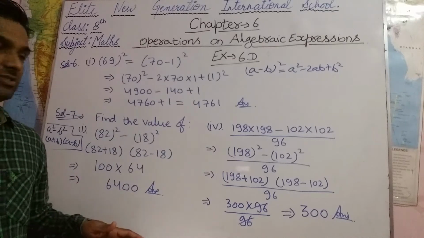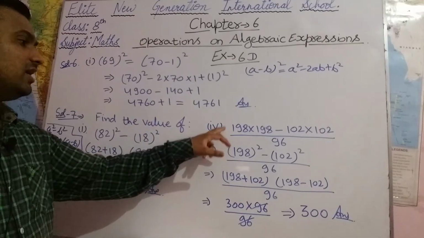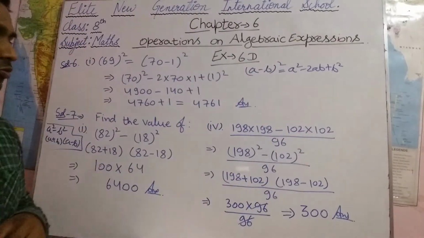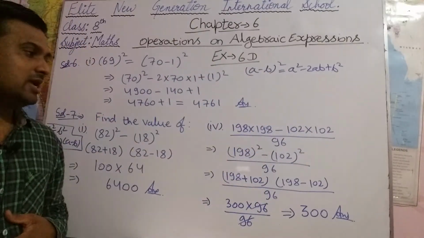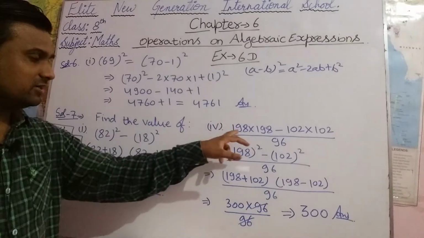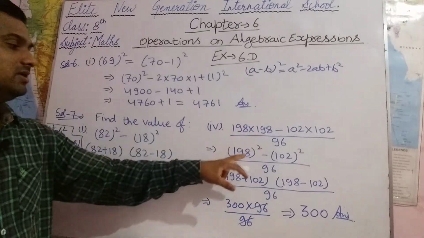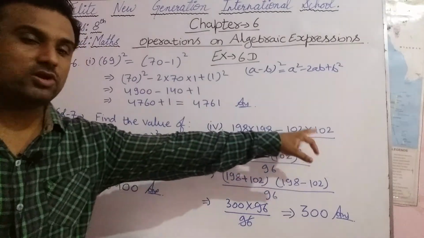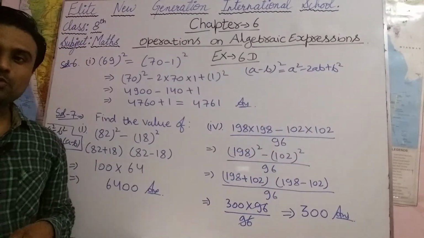Now after this, see its fourth part. Here we have 198 into 198 minus 102 into 102 upon 96. Here also, first of all we will multiply. So 198 into 198 will be 198 whole square, minus 102 into 102 will be 102 whole square.